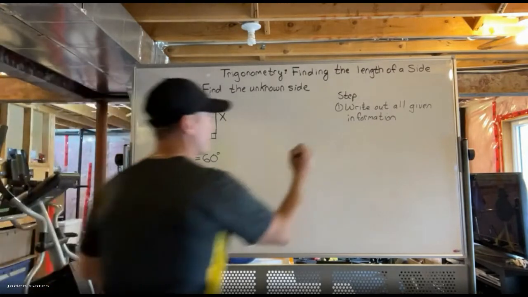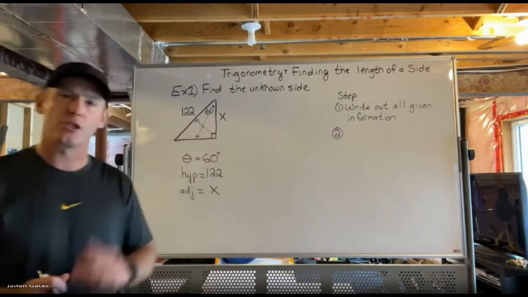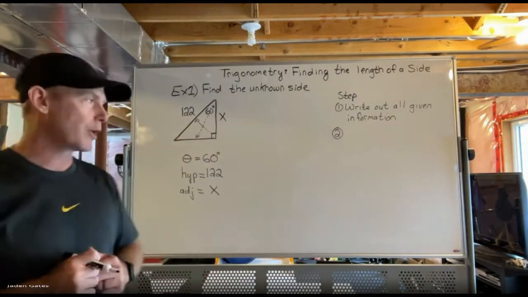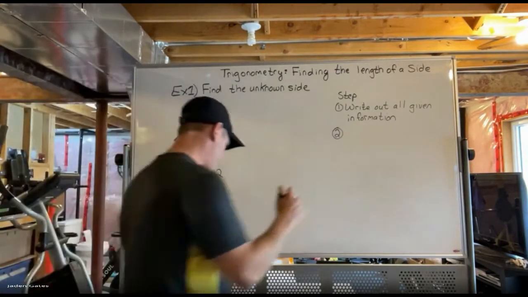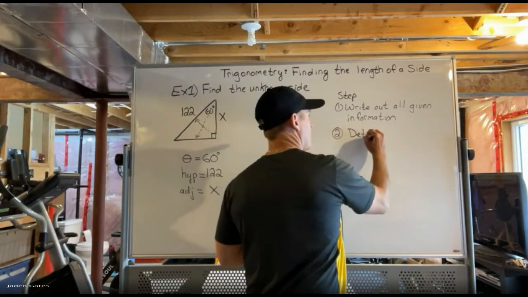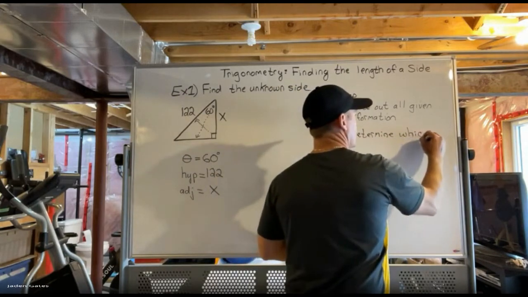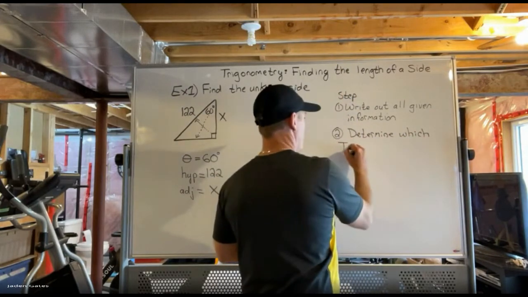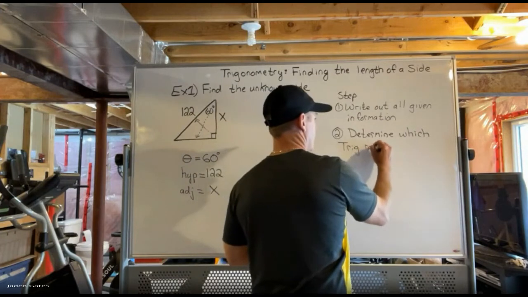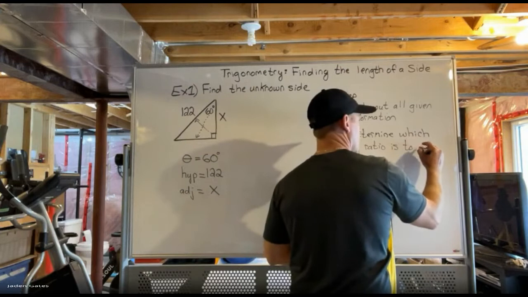Now our second step, very key step here, and this is where memorizing those three trig ratios comes into play and makes things work a little bit quicker, is that I'm going to determine which trig ratio is to be used.